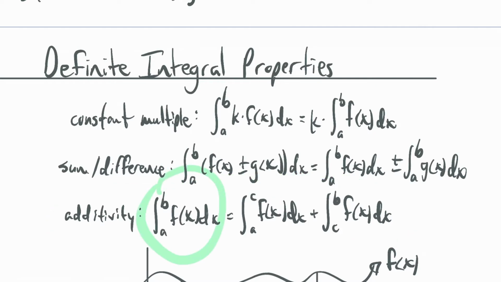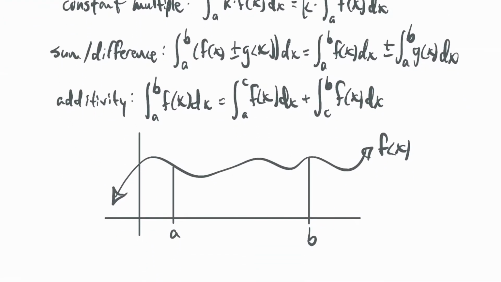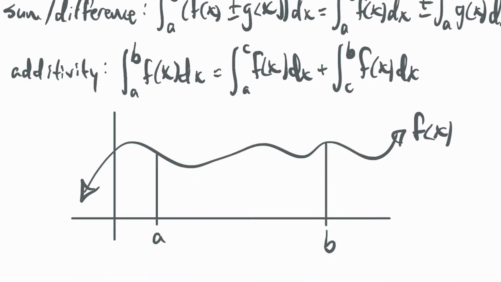This says the integral from a to b of some function is equal to the integral from a to c plus the integral from c to b, which might seem cryptic, but there's a diagram that shows it's kind of obvious. Here's a to b, and there's some area under the graph.